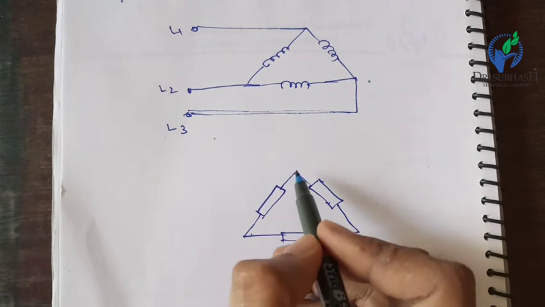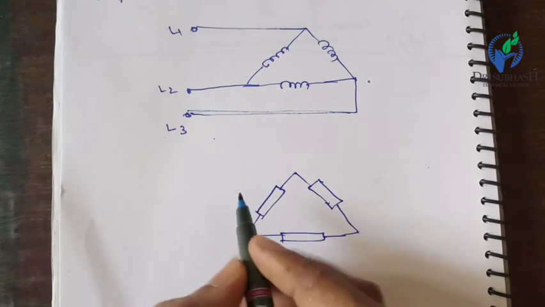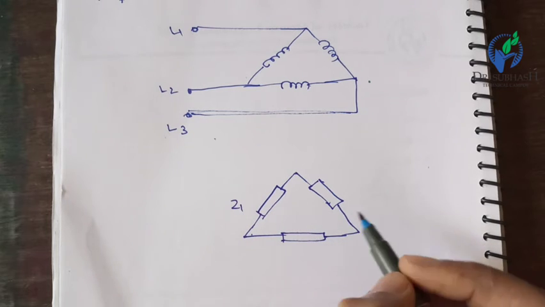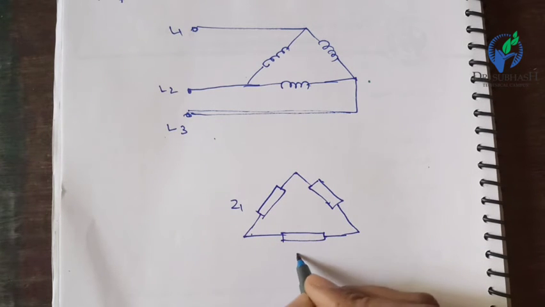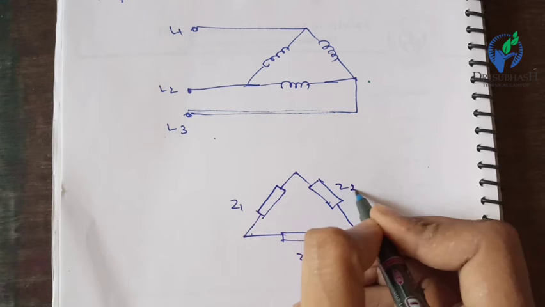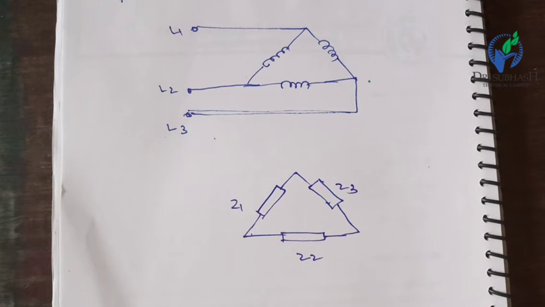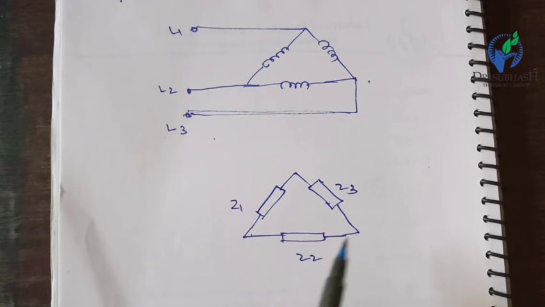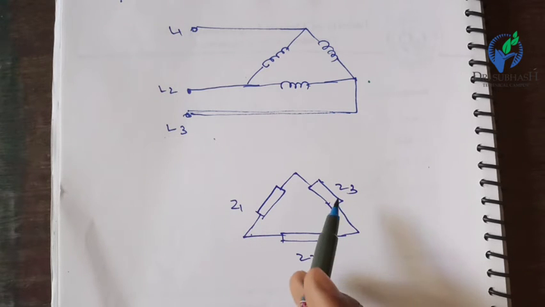It has impedance Z1, Z2 and Z3. For the load purpose, it may be resistive, inductive or capacitive.